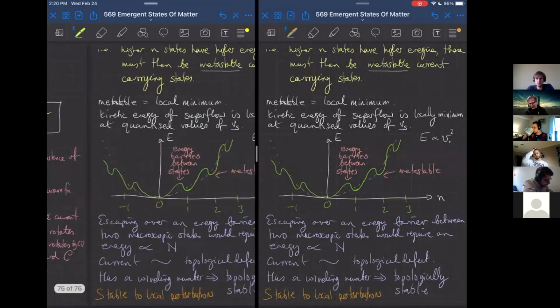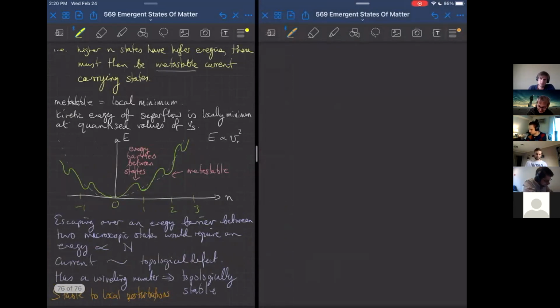And so because of this stability, we say that these currents are persistent currents. They will last forever.